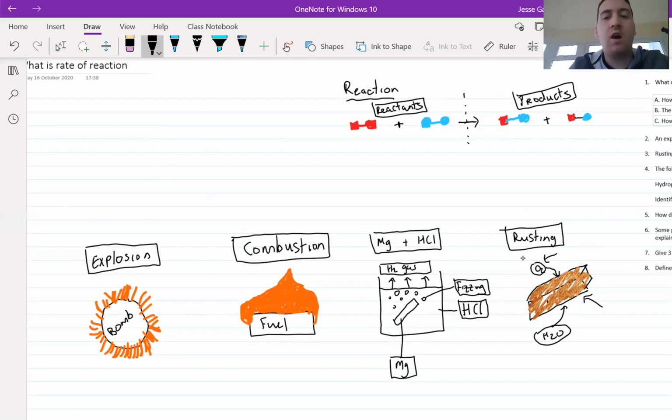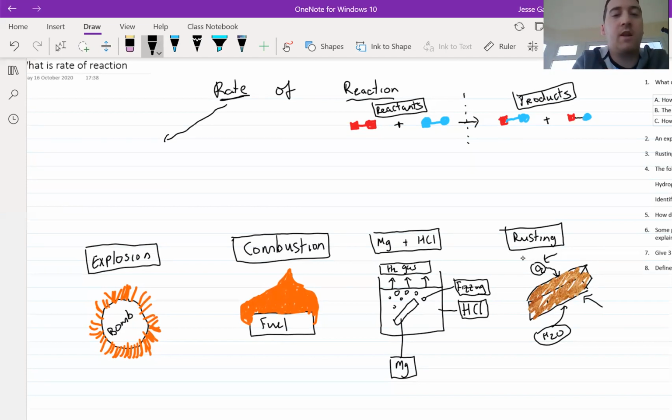Now, obviously, these are not all the same though. What's different about these reactions? Well, what's different about these reactions is the speed that they happen. So we've got this term, rate of reaction. That's what we want to know what it means. So we know what reaction means, but what does rate mean?